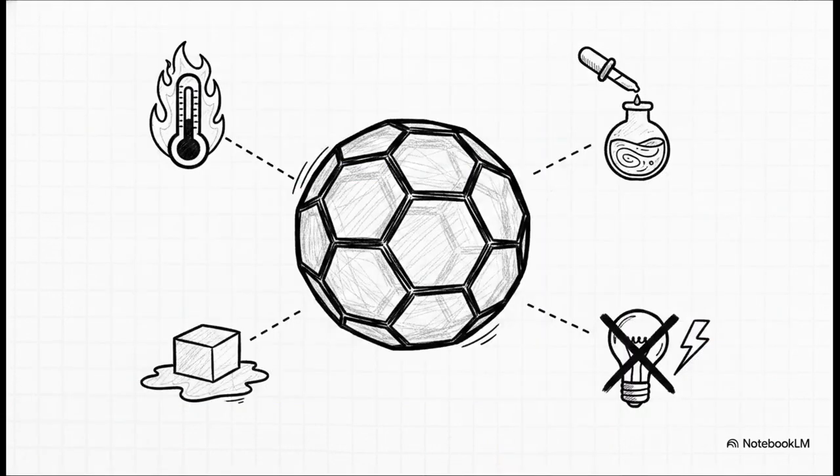And because of that specific spherical C60 shape, its properties are completely bizarre. The text notes it's stable at high temperatures and pressures, it's covalent, and it's actually soluble in organic solvents. But here's the crazy part. Unlike a hard diamond, this form of carbon is soft, has a low melting point, and absolutely cannot conduct electricity. All of that just because it's shaped like a cage.